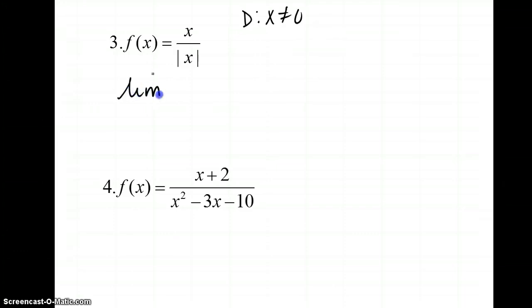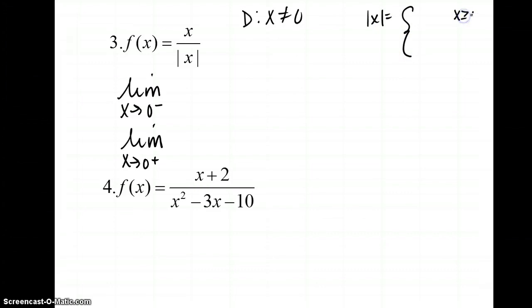Alright, so let's look at the limit. The limit as x approaches 0 from the left. The limit as x approaches 0 from the right. Alright, we go back into the absolute value of x. If x is a positive number, the absolute value doesn't do anything to the number on the inside of the bars.